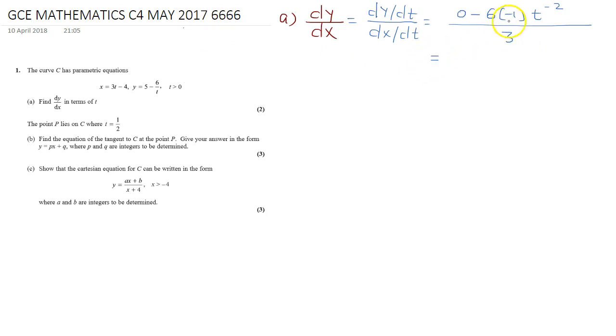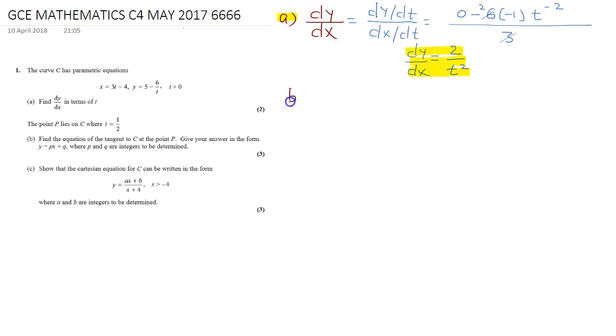The 3 cancels with the 6, so this is 2 t to the power minus 2. That is the answer of part A. dy over dx is 2 over t squared.